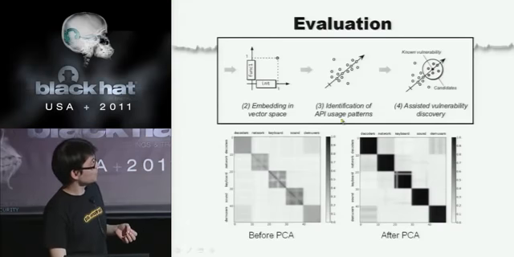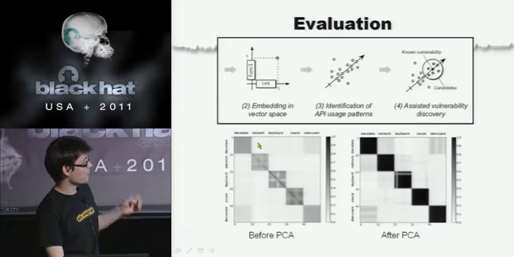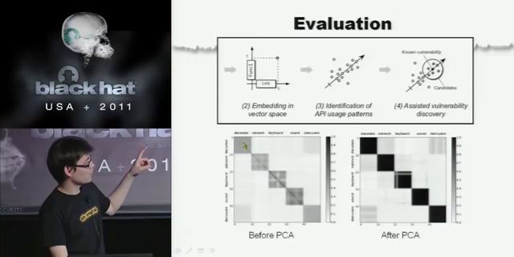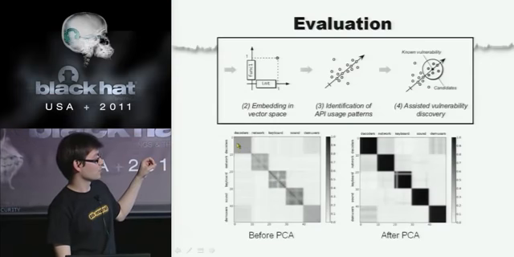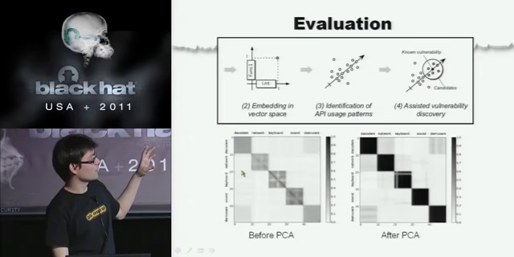And what you see in both of these images is that each pixel represents a similarity between two functions. And they have been aligned in such a way that all the decoding functions are up here, all the network functions here.